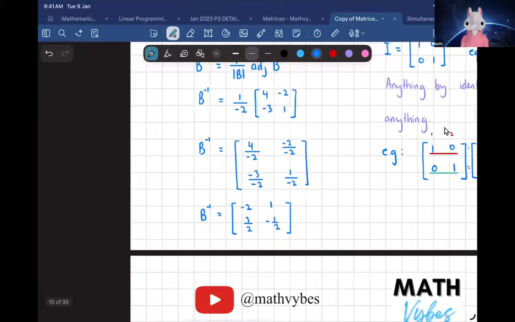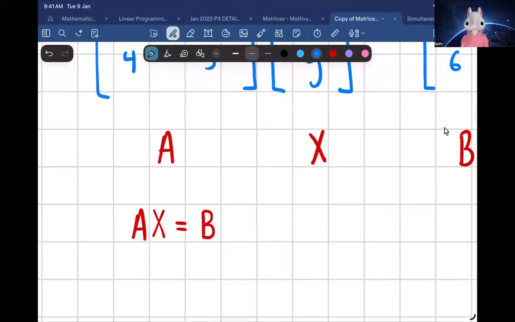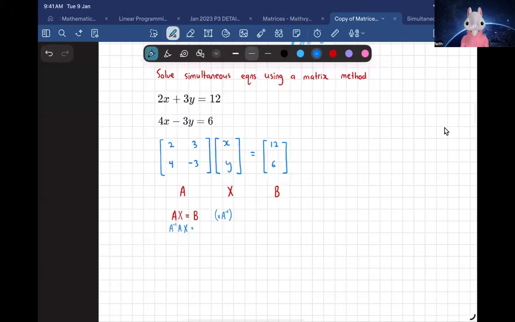So we would have looked at how we would find the inverse. Remember, guys? A inverse. So if I wanted to get rid of A, I would need to multiply both sides by A inverse. So Aaron, if I do that, I'm going to end up with A inverse by AX is equal to... now the order matters here. Let me just take it outside to explain.